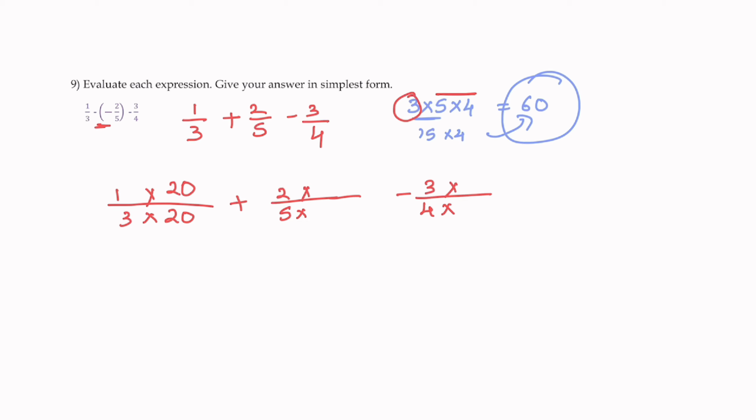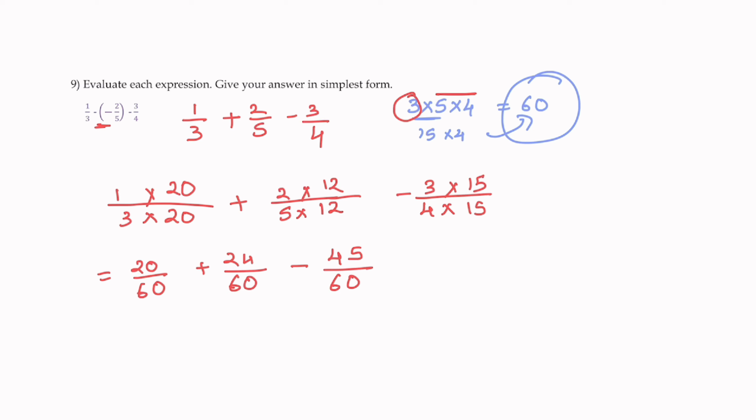So the other two denominators are 3 and 4. We multiply them. That gives us 12. And here now 3 times 5 is 15. It's simple, which is equal to 20 over 60 plus 24 over 60 minus 45 over 60.